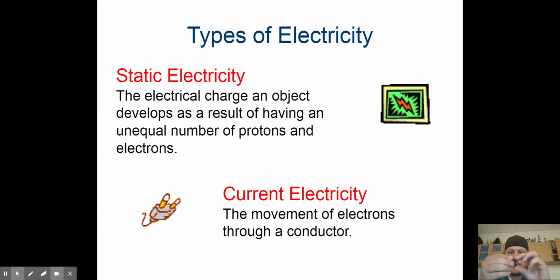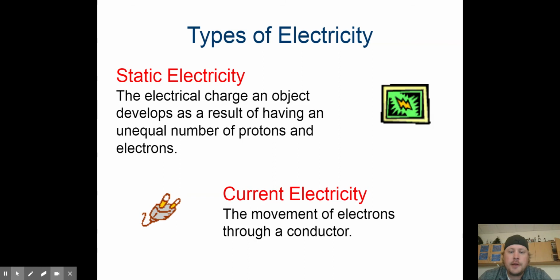You have a positive, you have a negative. When you put them together, they stay. So if we have an unequal number of protons or electrons, every time we get that electric shock, or the zap between you, it's basically the electricity resetting itself. It's shifting those electrons and protons back in order.